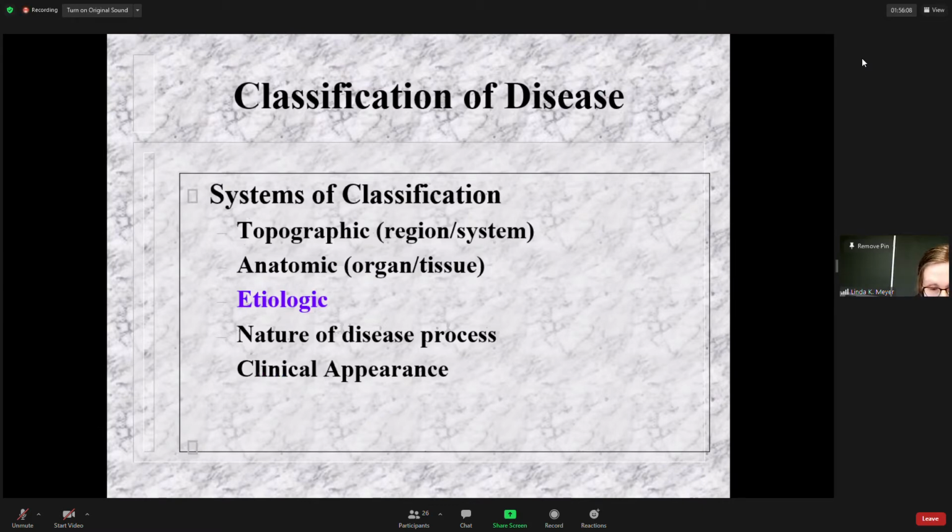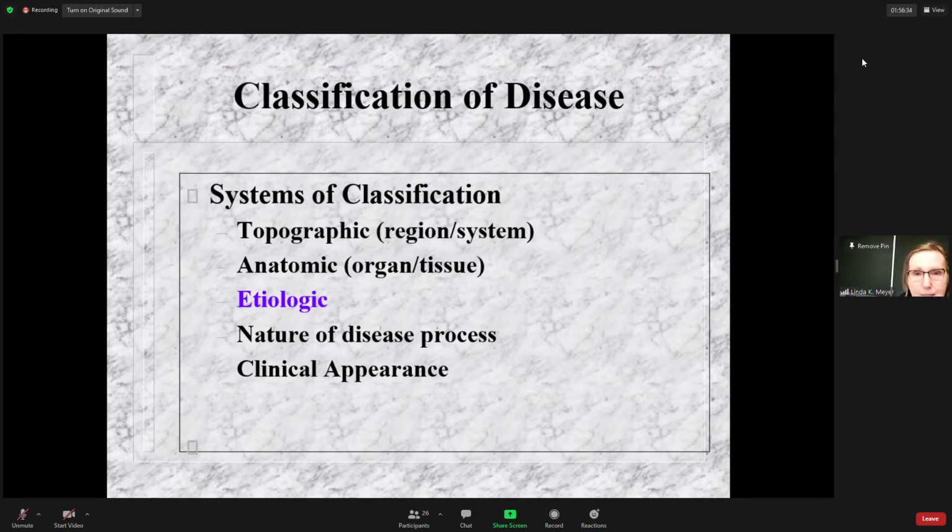Also, based on the clinical appearance, we're going to have a pretty long section that covers diseases of the oral mucous membranes. And they're going to be divided up in terms of their clinical appearance. We're going to look at red and white lesions, pigmented lesions, ulcerative, and what are called vesicular and bullous lesions.